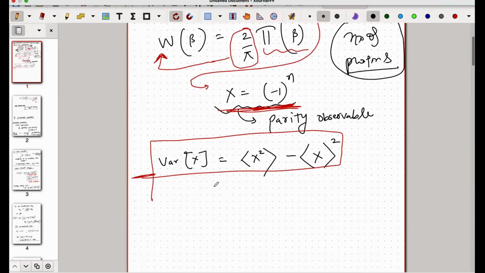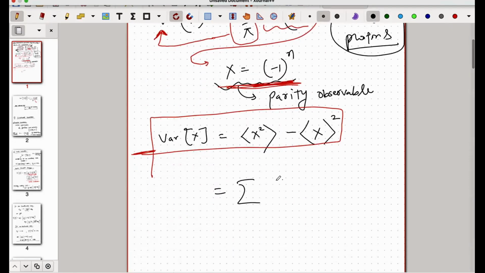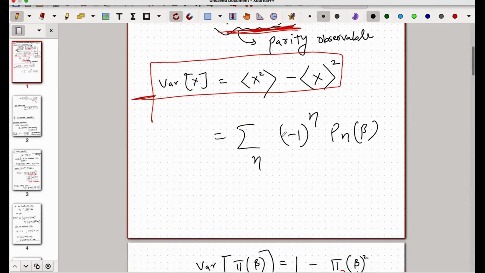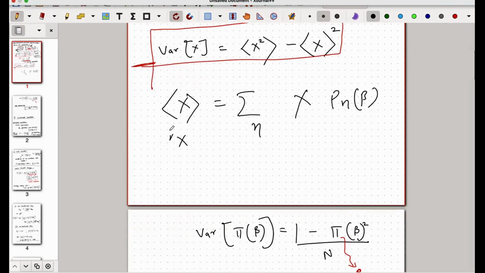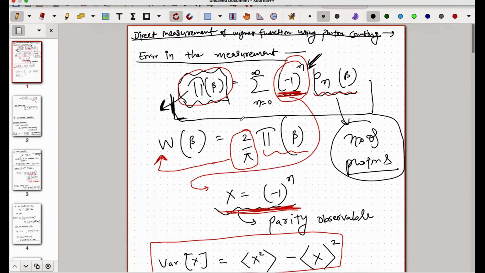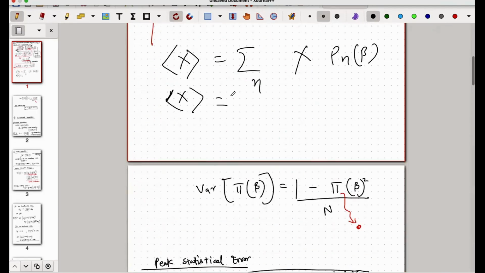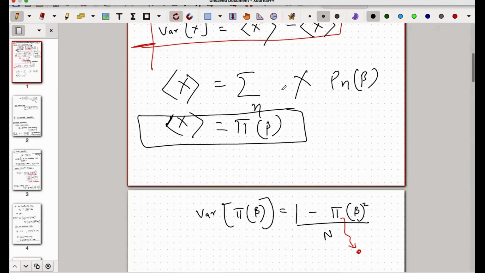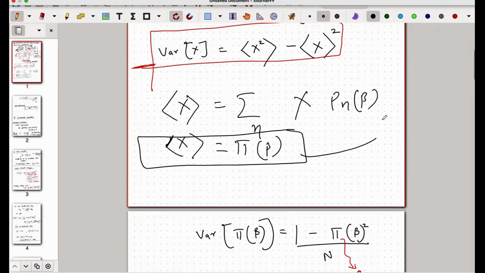One can do the easy calculation: P_n(β) sum, I can replace it by X. So it will give me X bar, and this X bar will look like what I have defined over here. So this is my first part.